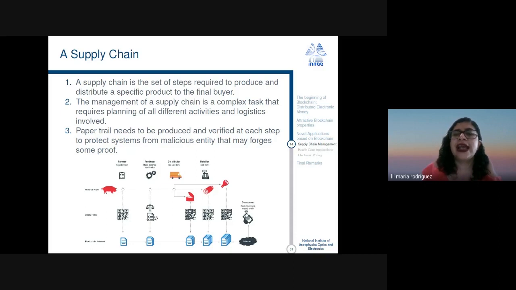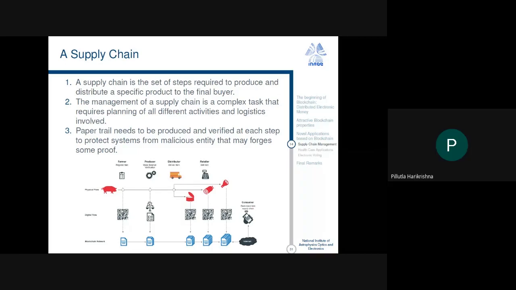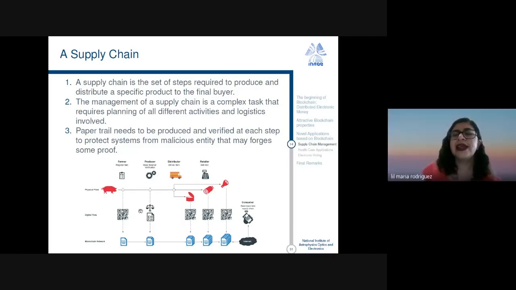So the idea is to know from which farmer, for example, is coming the steak that I want to eat. So we can use blockchain to trace products, basically.